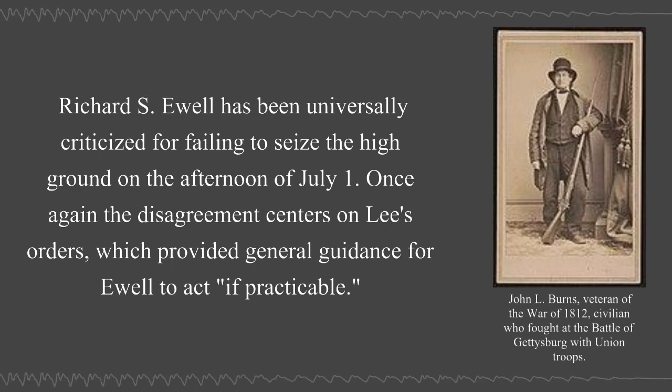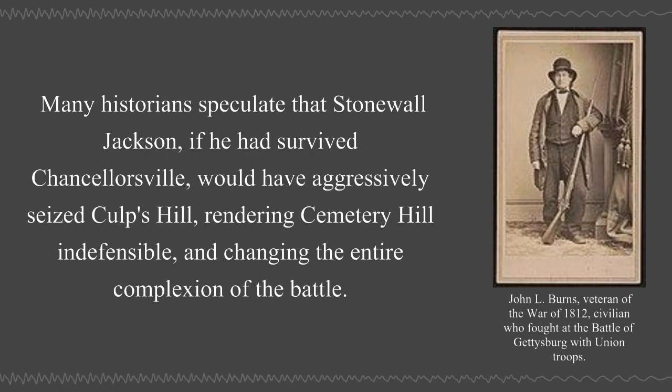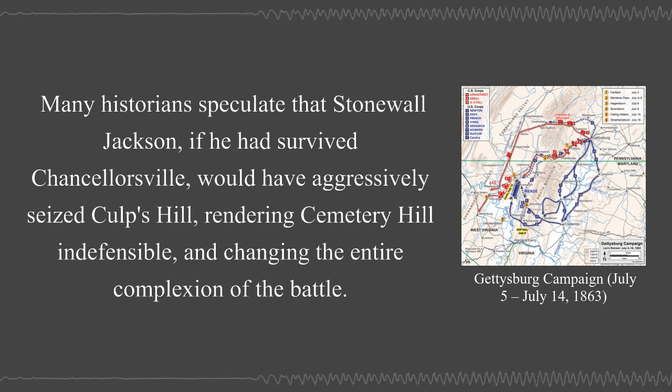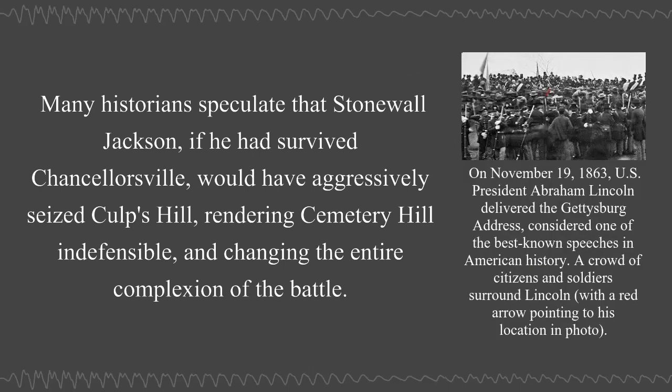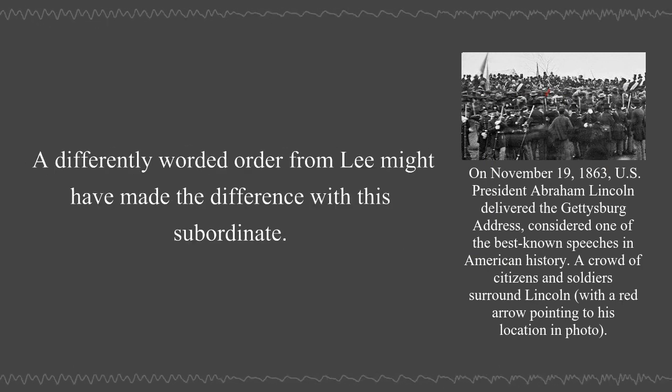Once again, the disagreement centers on Lee's orders, which provided general guidance for Ewell to act if practicable. Many historians speculate that Stonewall Jackson, if he had survived Chancellorsville, would have aggressively seized Culp's Hill, rendering Cemetery Hill indefensible and changing the entire complexion of the battle. A differently worded order from Lee might have made the difference with this subordinate.